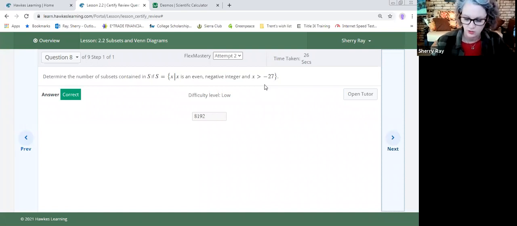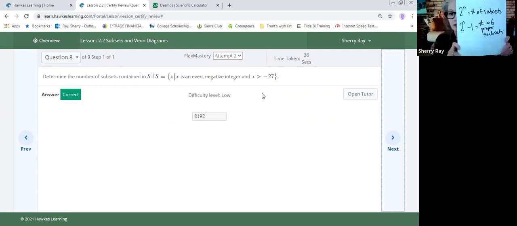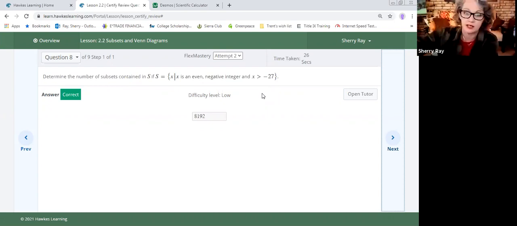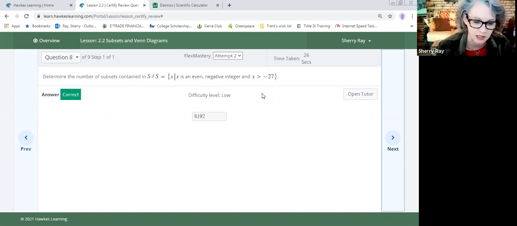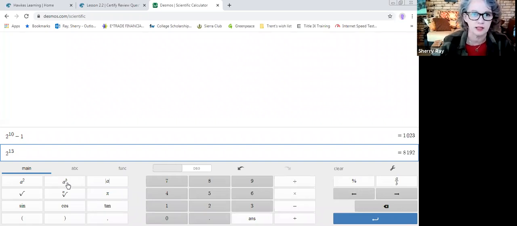I have counted 13 elements in my set. So I'm going to calculate 2 to the power 13, because the number of subsets, not proper subsets, is 2 to the power n. 2 to the power 13 is 8,192, which is what I have there.